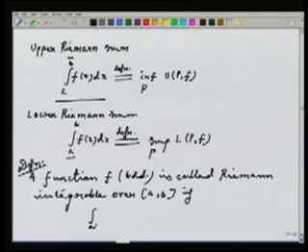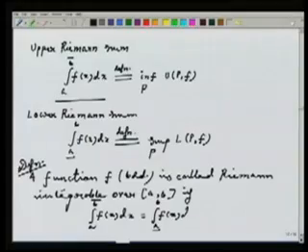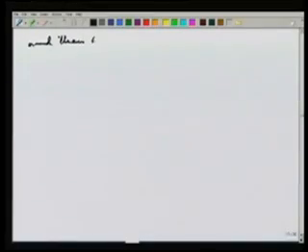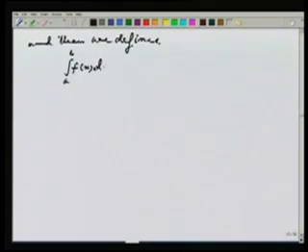That is, if the integral from a to b bar of f(x) dx is the same as the integral from a bar to b of f(x) dx. And in this case, we define the Riemann integral of f as the integral from a to b of f(x) dx, which is the common value of the upper Riemann sum and the lower Riemann sum.